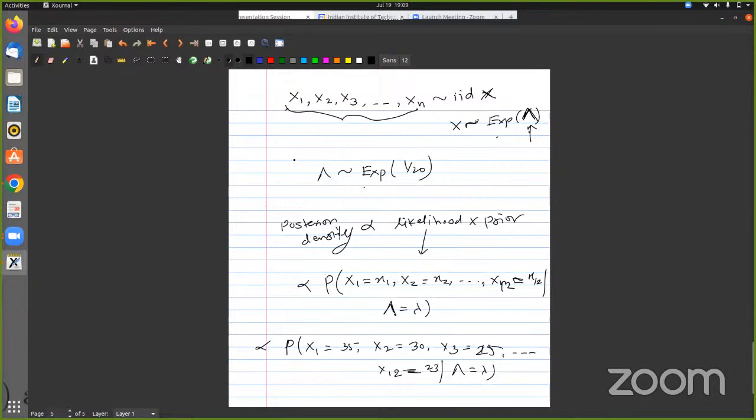What is the prior density? Since my prior has this distribution, this density is given as 1 by 20 e to the power minus lambda by 20.